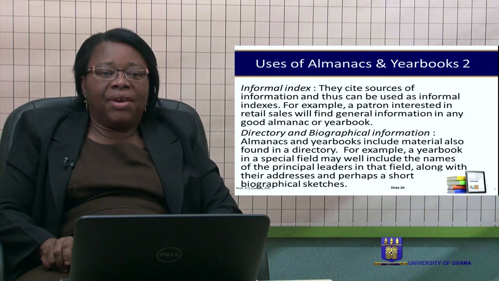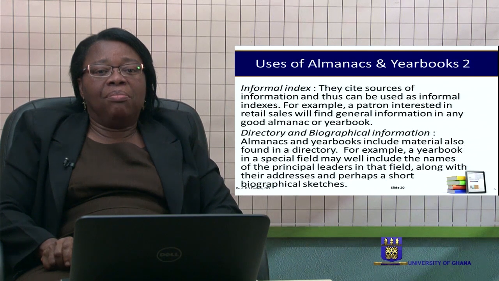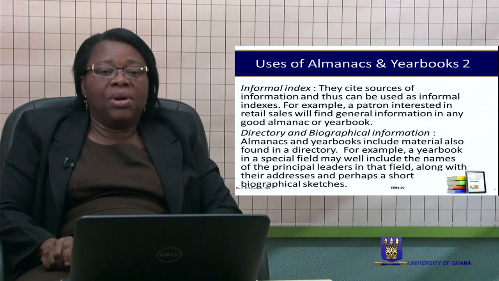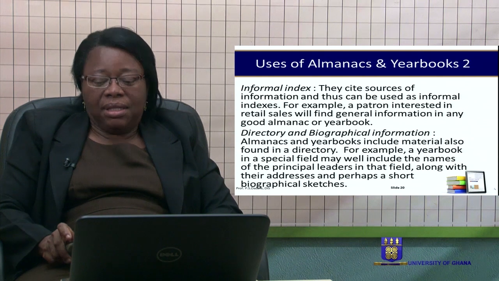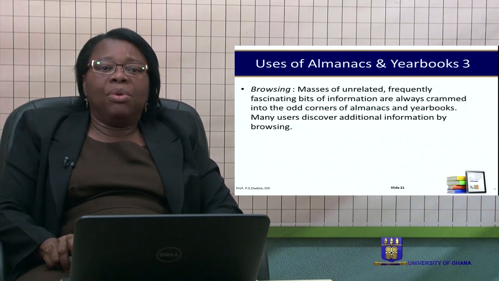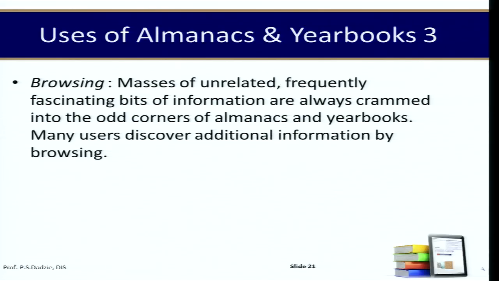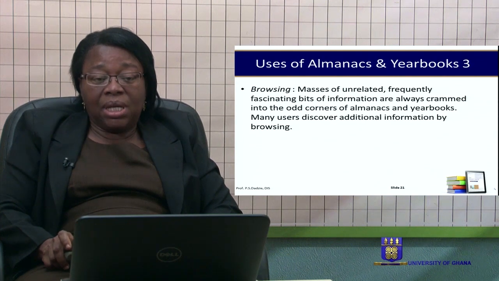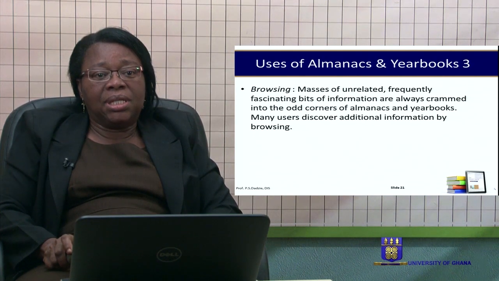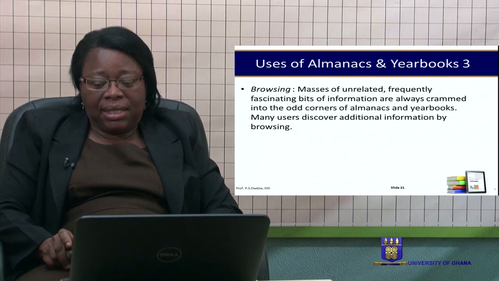They also serve as directory and biographical information, because you can actually find directory information such as names of organizations, names of people, or you can even find brief information about people, when they were born and when they died. So these are the uses of almanacs and yearbooks. They also enable you to browse. When you're not doing anything, you can actually browse all these masses of unrelated information and then find out what is happening everywhere. So they are useful in browsing, they are useful in getting current information, they are useful in getting brief facts.